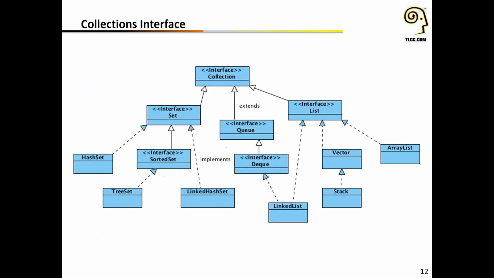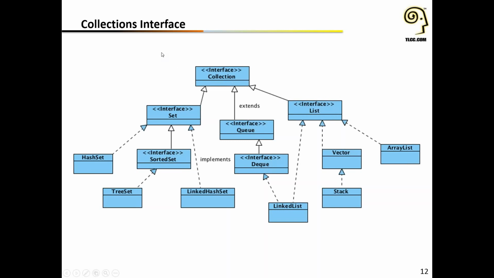Talking more about the collections interface, it is a group of different interfaces. Let's say we're working with the ArrayList. The ArrayList is a class that we will use to store data in. That is based on the List interface, and then that is part of the collections interface.